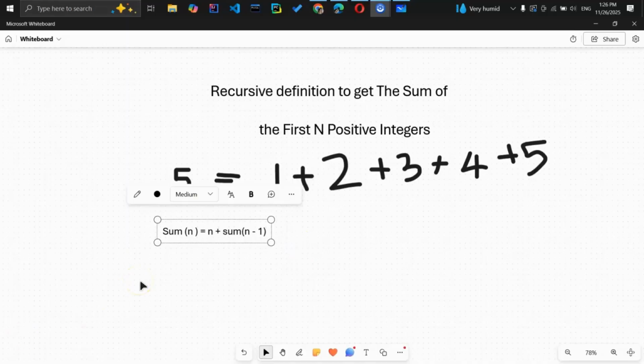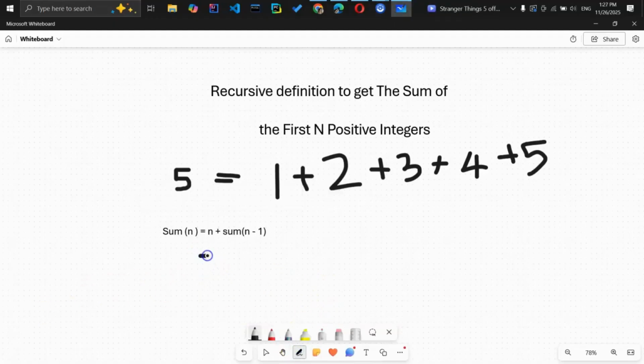Also, we have a base case, right? The base case is n equals 1, right? If n equals 1, what is the value of the sum? It is 1, right? This is the base case, right?